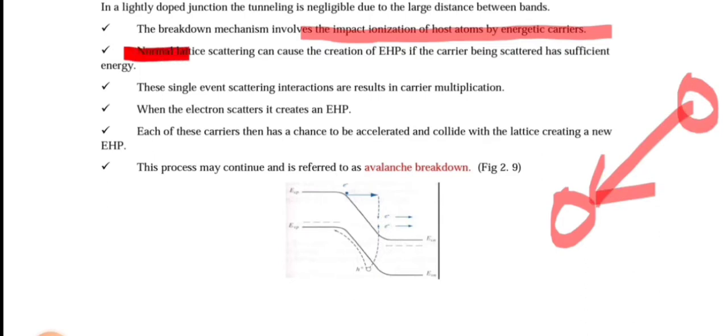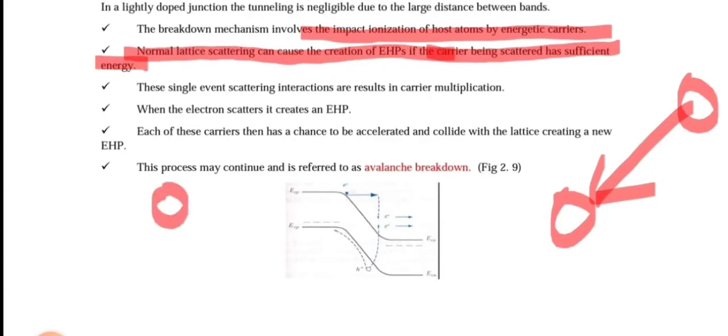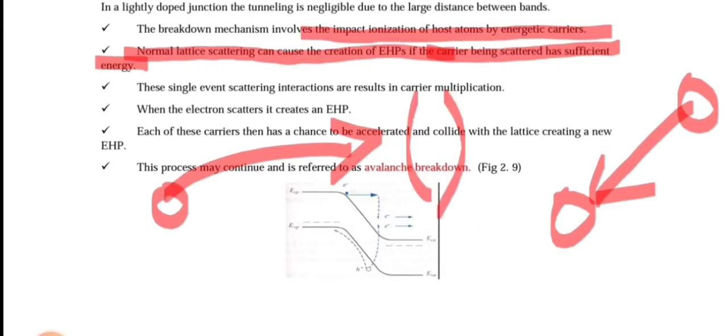Normal lattice scattering can cause the creation of an electron hole pair if the carrier being scattered has sufficient energy. So when an electron or hole gets hit here, electron hole pairs will be created if this electron has sufficient energy.